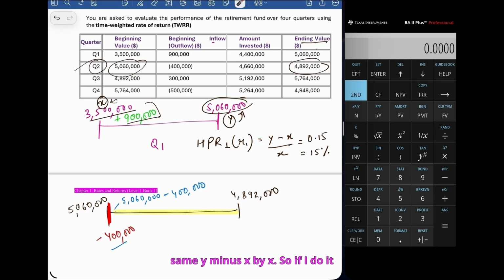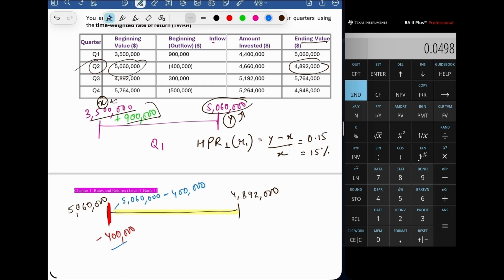So if I do it, 4,892,000 minus 466,000, right, divided by 466,000. So our holding period return R2, let me write it with black pen.